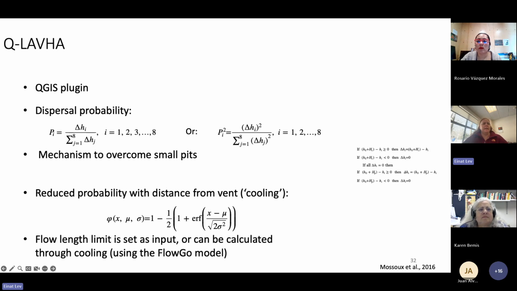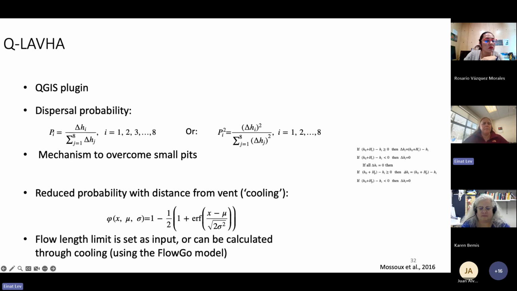And then they have an empirical-ish or analytical reduced probability with distance to account for the cooling of the lava. So based on some distance from the vent, they change the probability of dispersal. There's a way to limit the flow length as an input parameter, or you can calculate it through a calculation of cooling by solving an actual cooling equation using the Flogo model, which is built in.